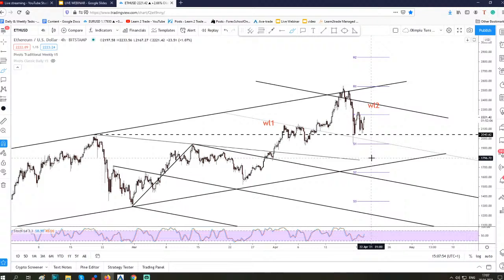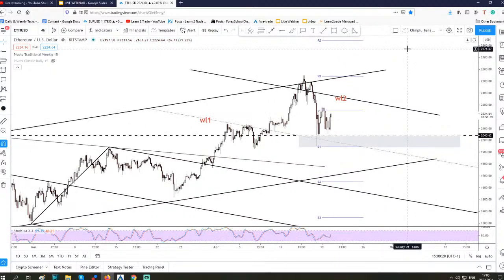Also, we have an important support area between 2040 and the weekly S1, 1944.63, guys. As long as Ether stays right above it, then it could continue to increase.